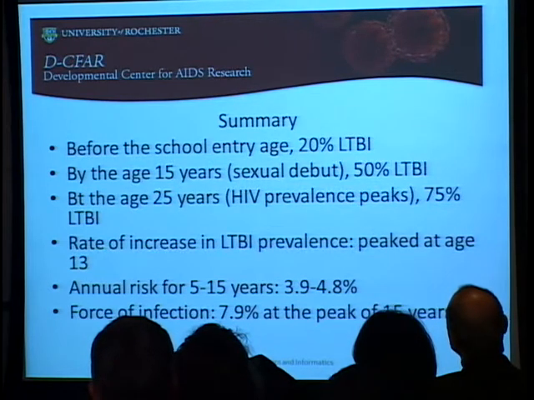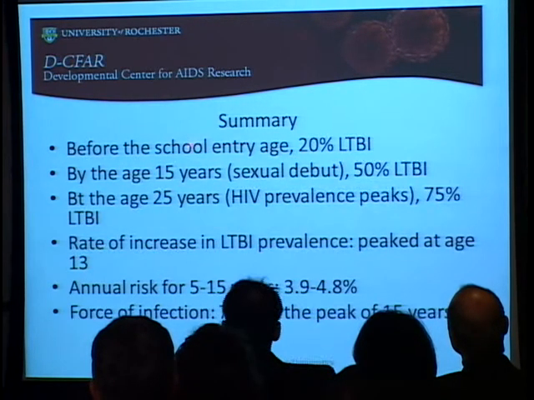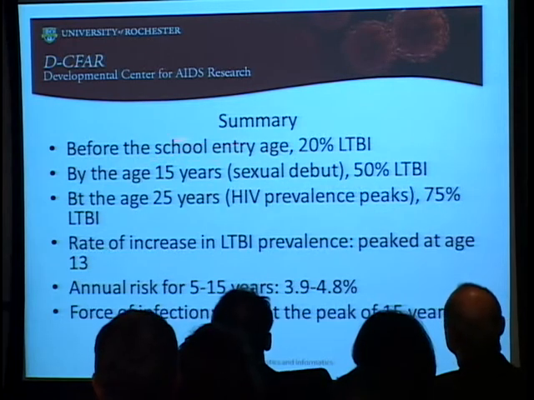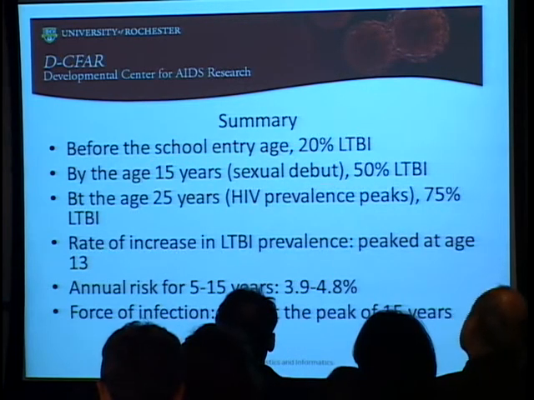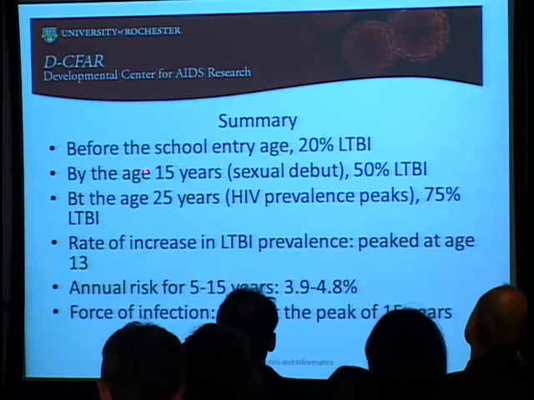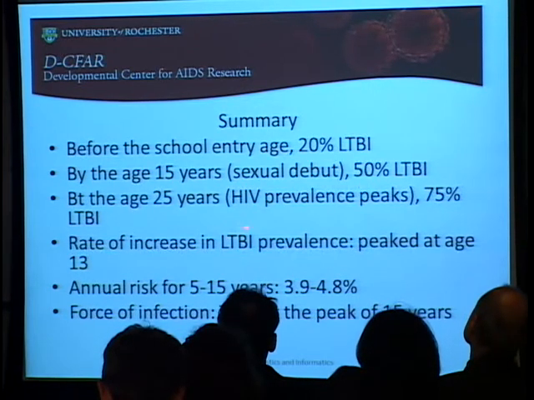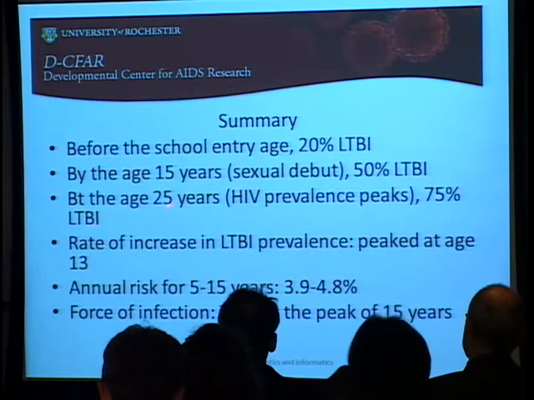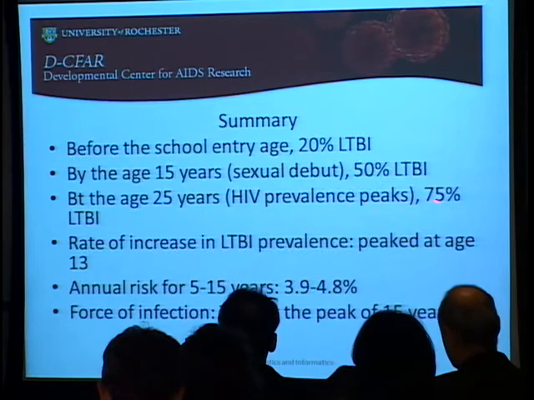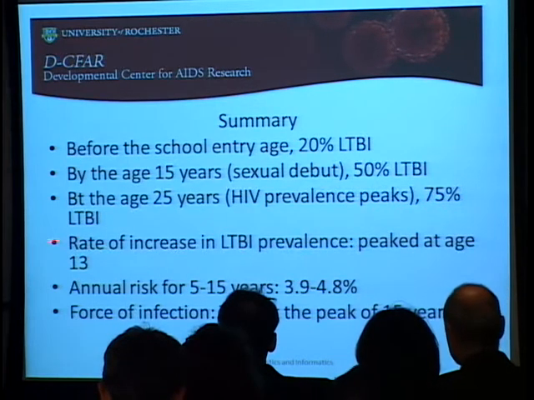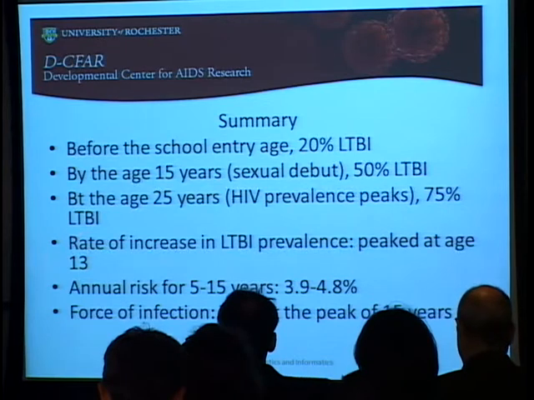In summary, before the kids go to school, 20% of them are already latent TB. And by the age of 15 years old, 50% of them are latent TB, in these townships. And by the age of 25 years is the HIV prevalence rate peak. 75% of them are latent TB, and also the rate of increase in latent TB prevalence peaked at age 13, as I mentioned earlier.